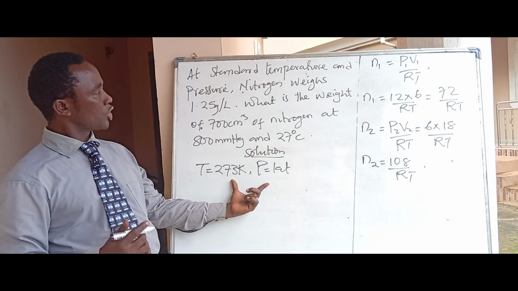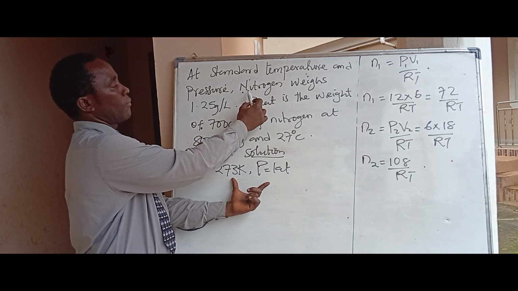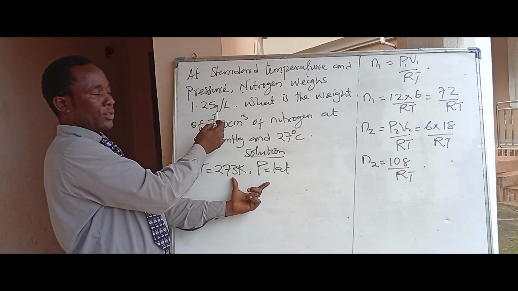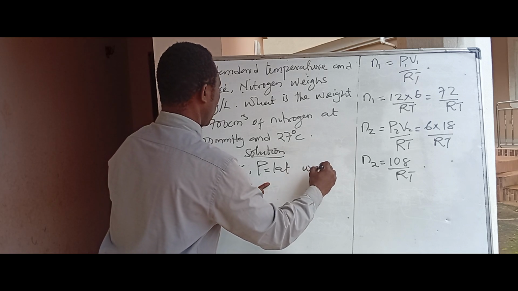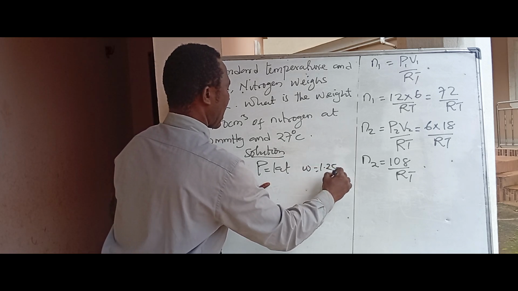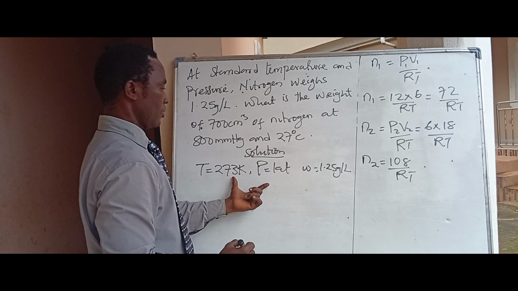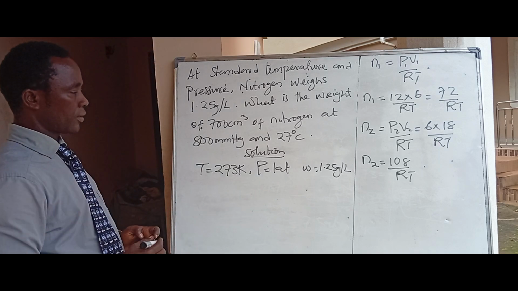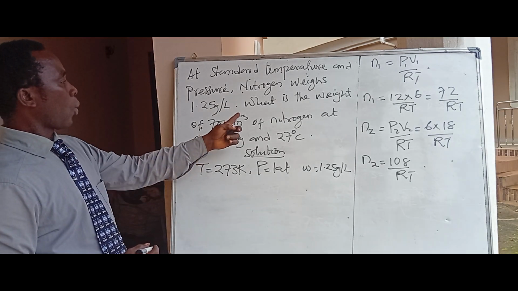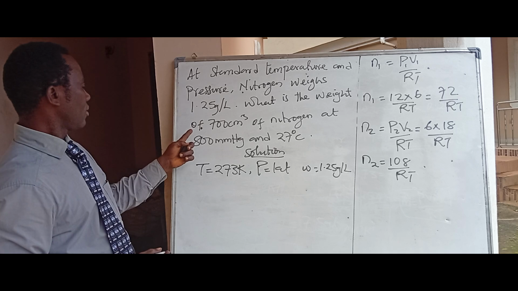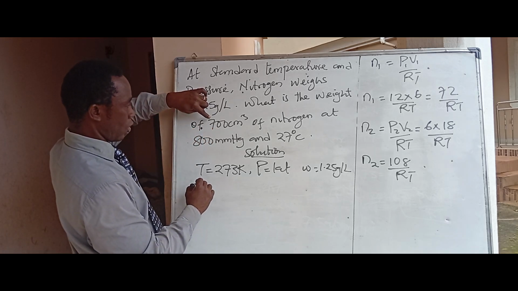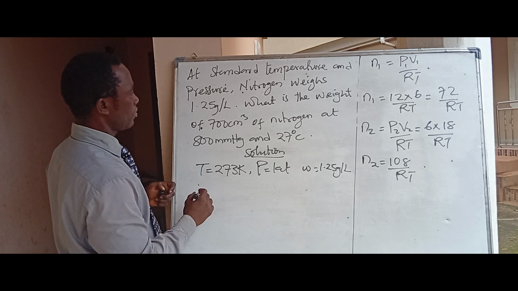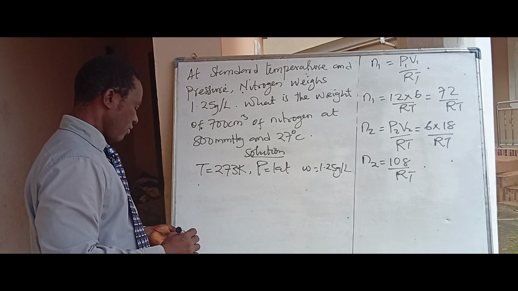At this standard condition, we are told that nitrogen weighs this. So the weight W is equal to 1.25 gram per liter. Then I say, what is the weight of 700? That means at what? Volume. We are given volume.